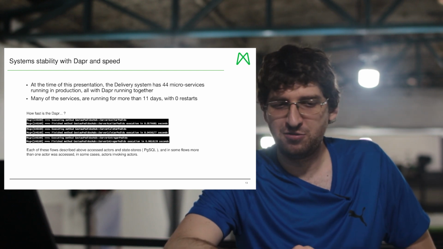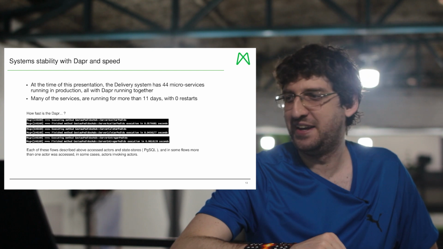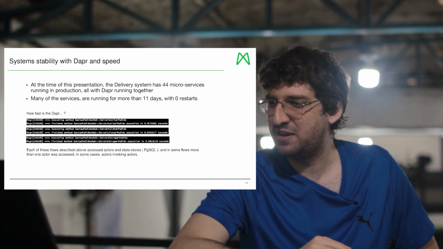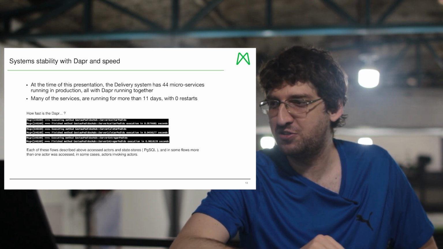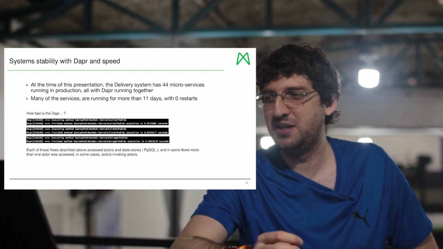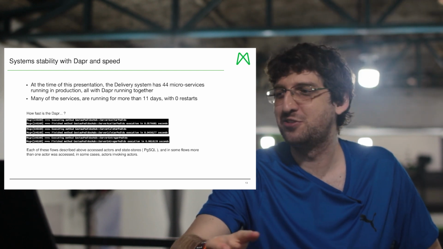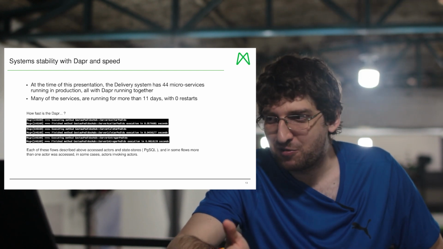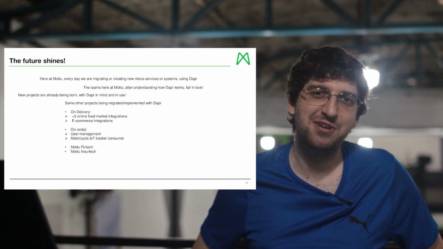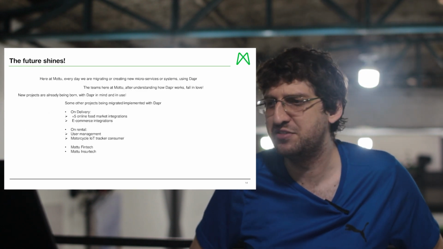All this involves making changes in the state store, and the state store that we are using is Postgres. So we are changing some data in the database, publishing, calling actors, and everything is running really fast. Even when we have high workloads, the process is really fast.